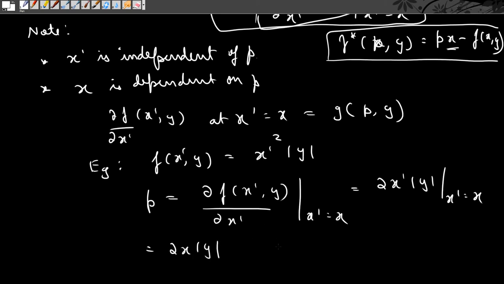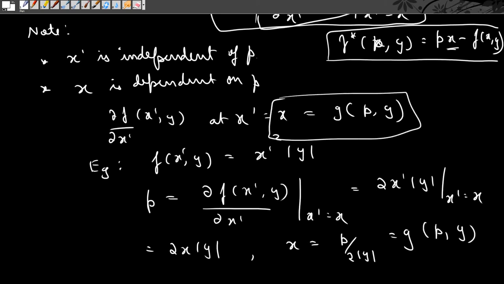Now we can write x as equal to p by 2 mod y, which is a function depending on p and y. So using the expression for this value at x dash equal to x, we can write x in terms of p and y.